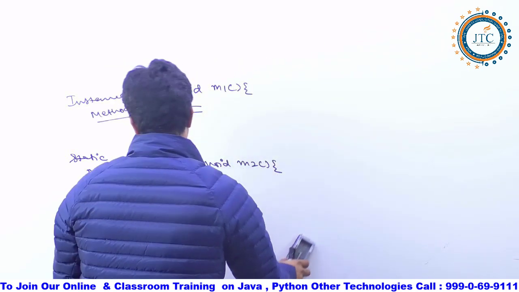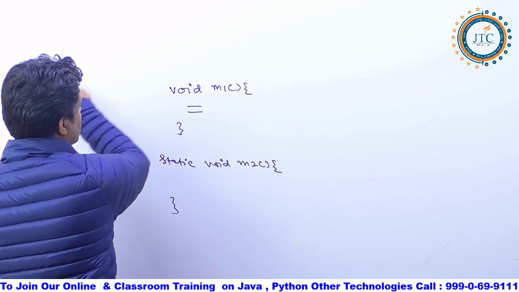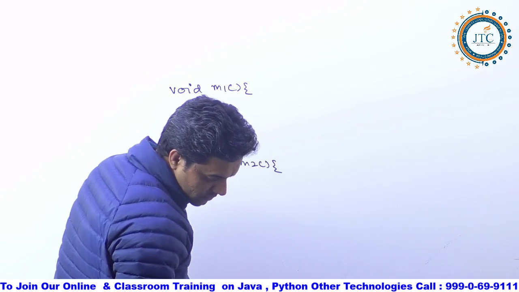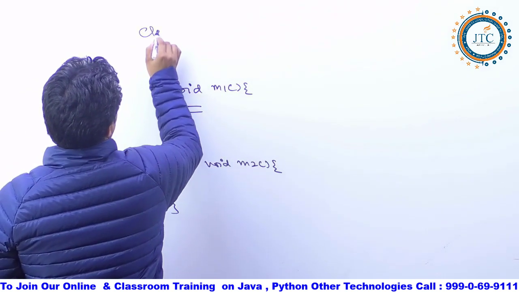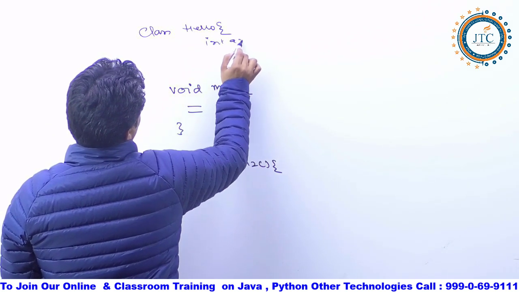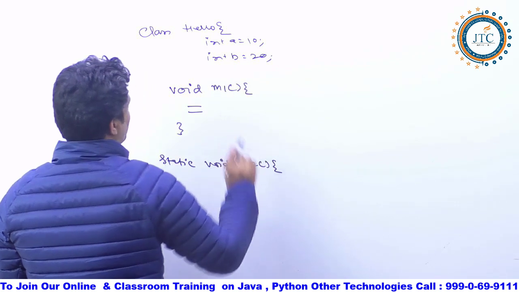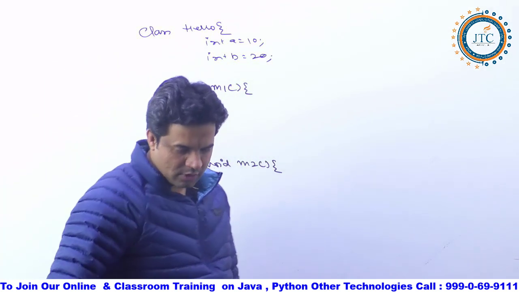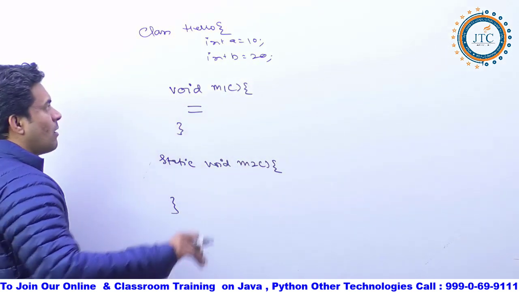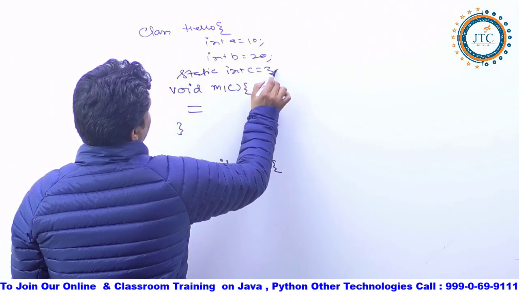I am writing a class, the Hello class, inside this. int A is equal to 10, int B is equal to 20, and here one more, static int C is equal to 30.